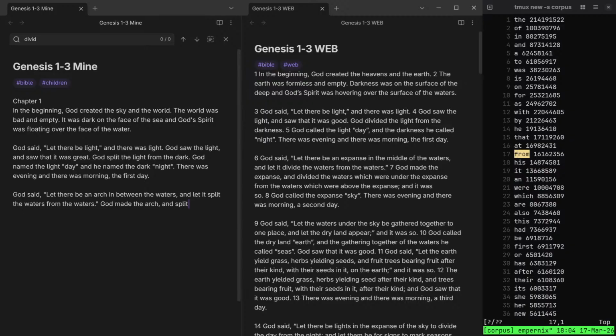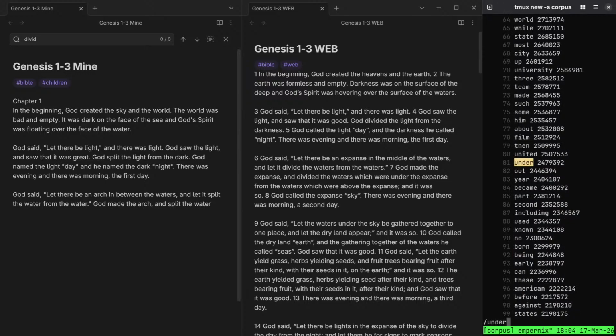And split the water from the water. We're going to use singular here.